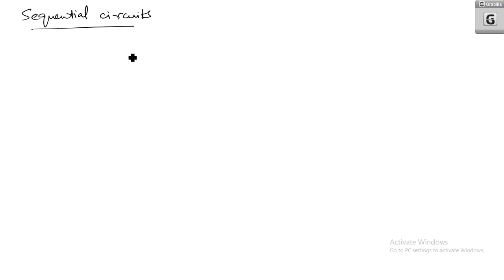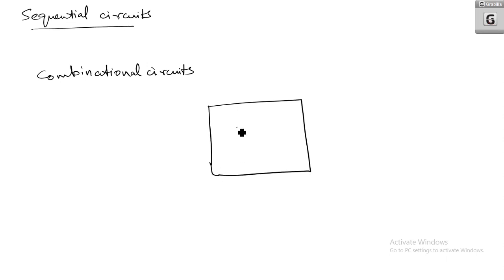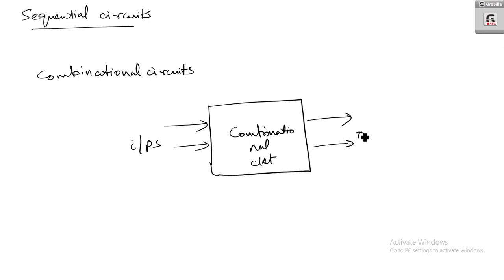Before going into sequential circuits, till now we have dealt with only combinational circuits. So what are combinational circuits? In a combinational circuit, inputs are there, and some outputs are generated.